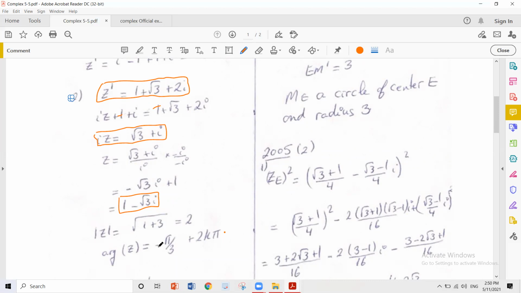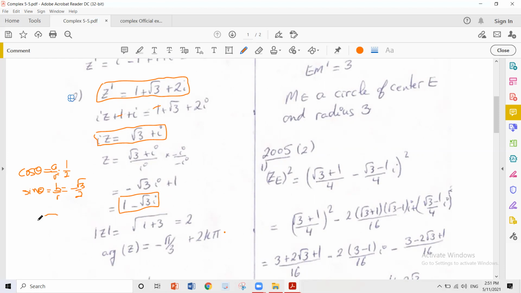How did we find the argument? You can find cosine theta equals a over r, and sine equals b over r, equals minus radical 3 over 2.